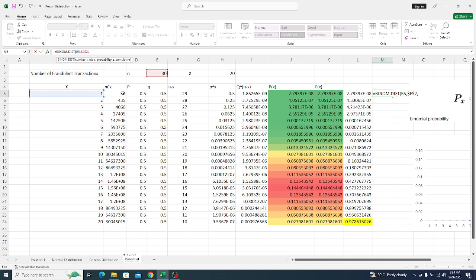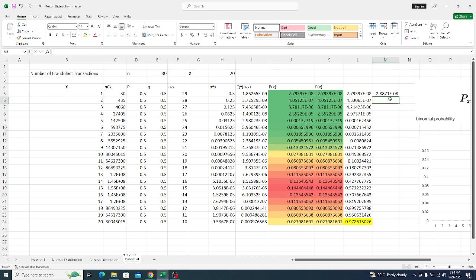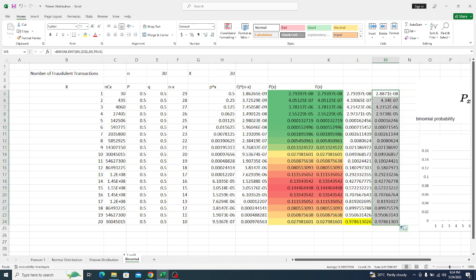Then we need the positive probabilities, and then after that we need the cumulative probabilities. Let's go with cumulative probabilities. And you can see with the cumulative probabilities, we are getting the same value.